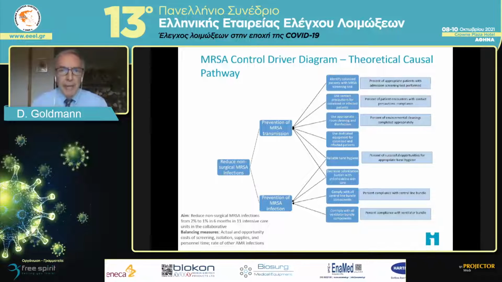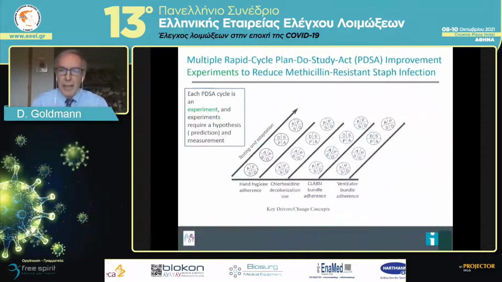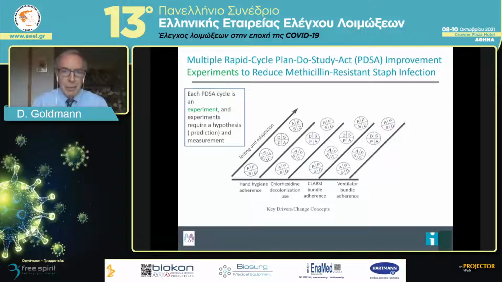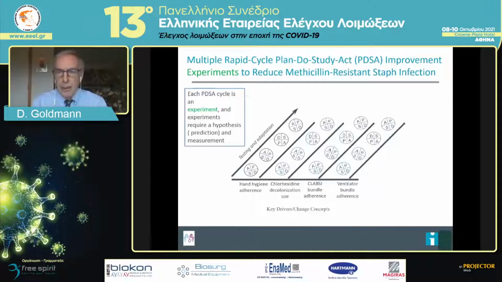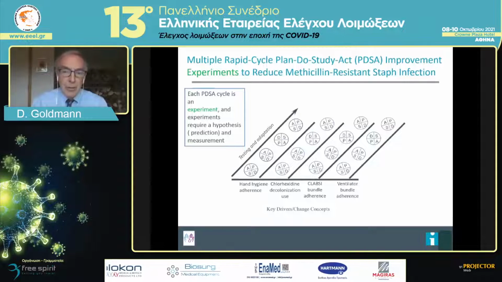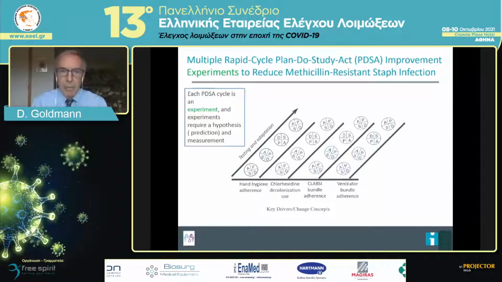Now, I talked about the PDSA improvement experiments. They're just experiments. You plan an experiment, you go and run the experiment, you analyze the result, and then you either adapt the intervention, or you discard it, or you go ahead and implement it.